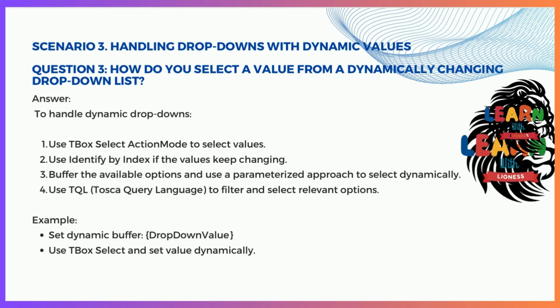Buffer the available options and use a parameterized approach to select dynamically. 4. Use TQL, Tosca Query Language, to filter and select relevant options. Example. Set dynamic buffer, drop-down value. Use TBox Select and set value dynamically.